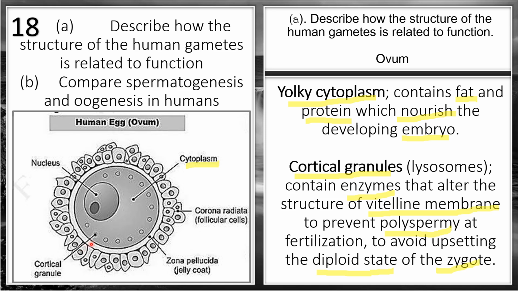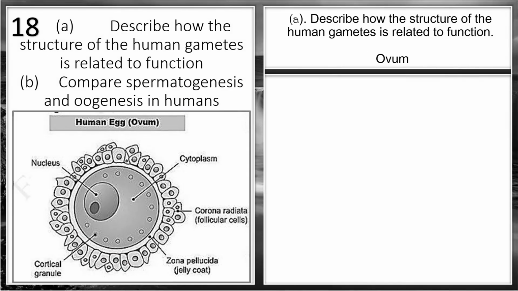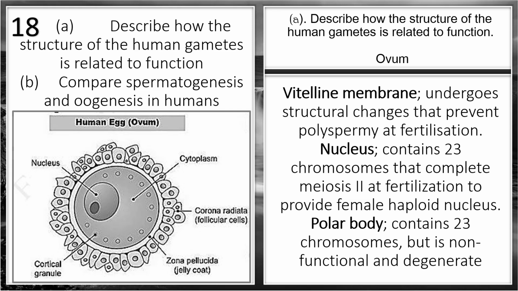So inside we have the cortical granules. These cortical granules contain enzymes that will change the vitelline membrane to prevent polyspermy. The vitelline membrane undergoes structural changes to prevent polyspermy at fertilization.